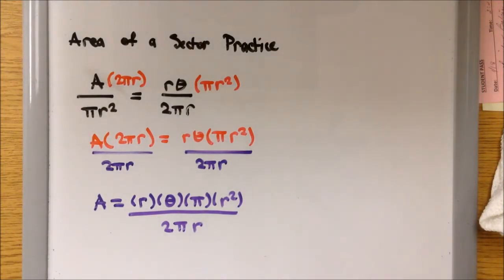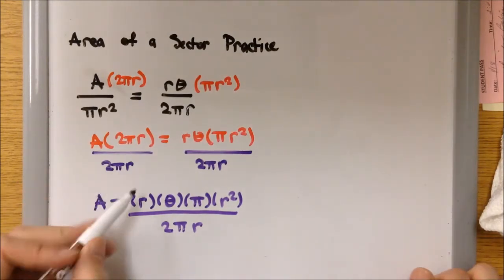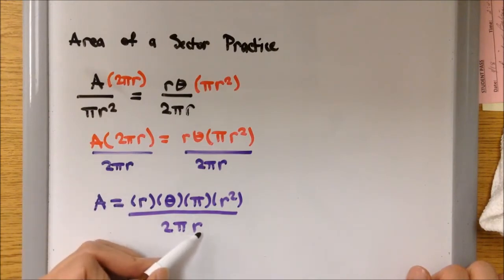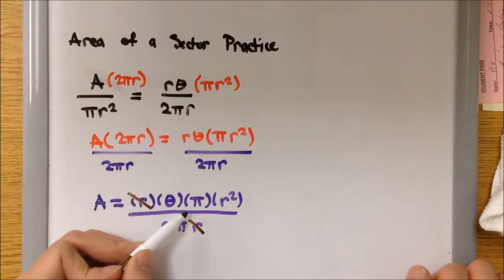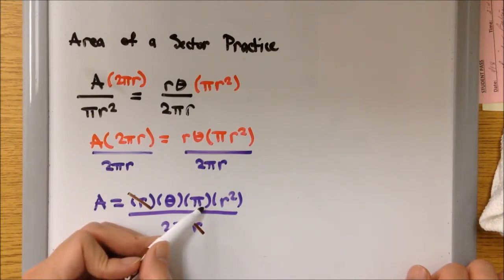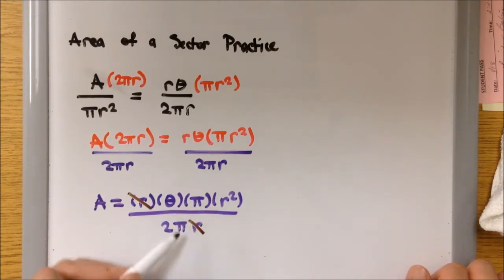So what's going to happen is we're just going to cross out, divide the common factors. Since there's an r in the numerator and an r in the denominator, those two will divide. Since we have a pi in the numerator and a pi in the denominator, those two are going to divide into 1.